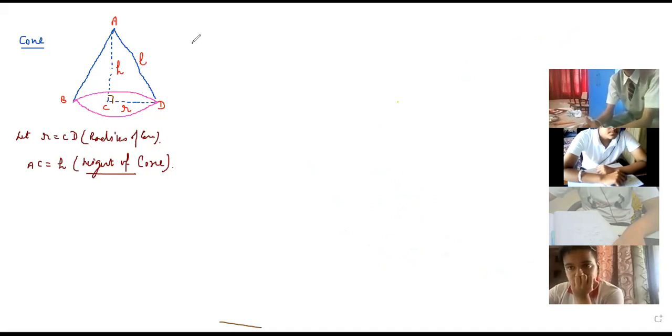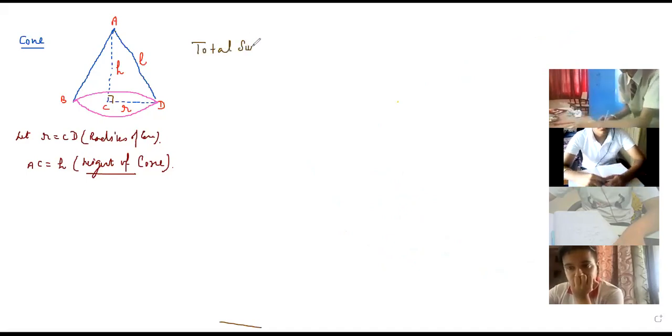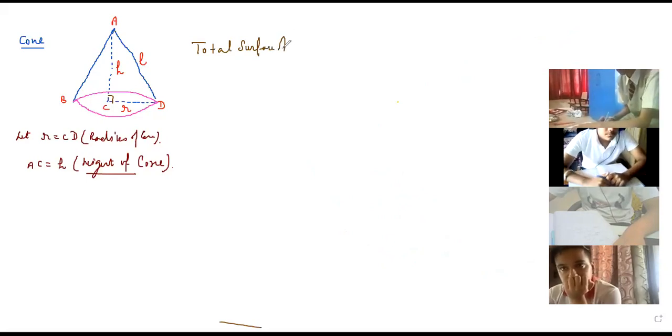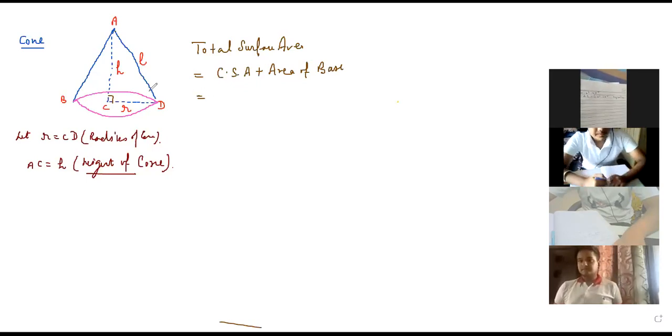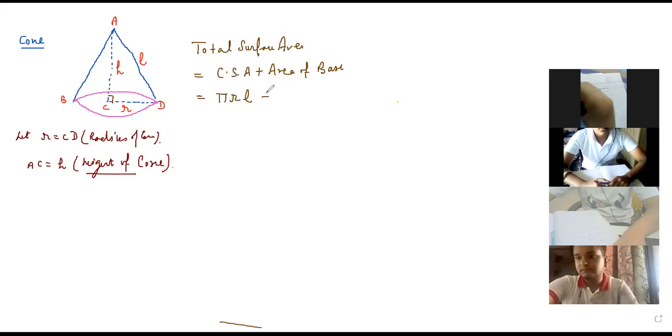So total surface area is curved surface area plus area of base. My curved surface area we have already done. This is pi r l, and area of the base is pi r square.